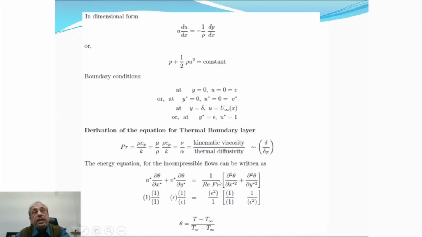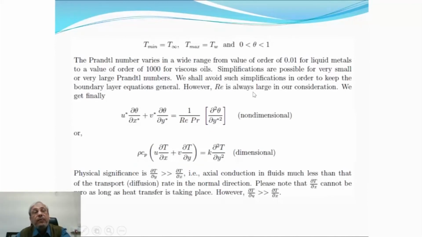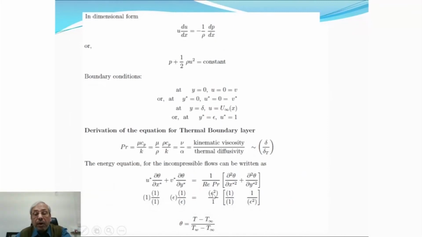What will change is the very small values, which are basically the Prandtl numbers of liquid metals. Now we can exclude liquid metal from our analysis. So for all other fluids, we can say that 1 by Reynolds number into Prandtl number is of the order of epsilon square.